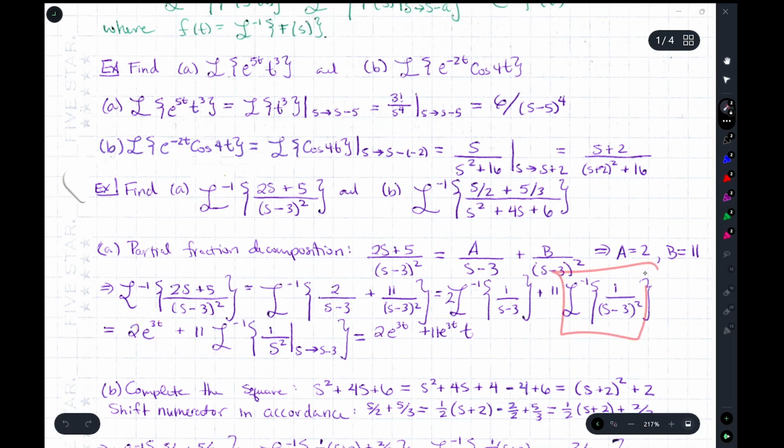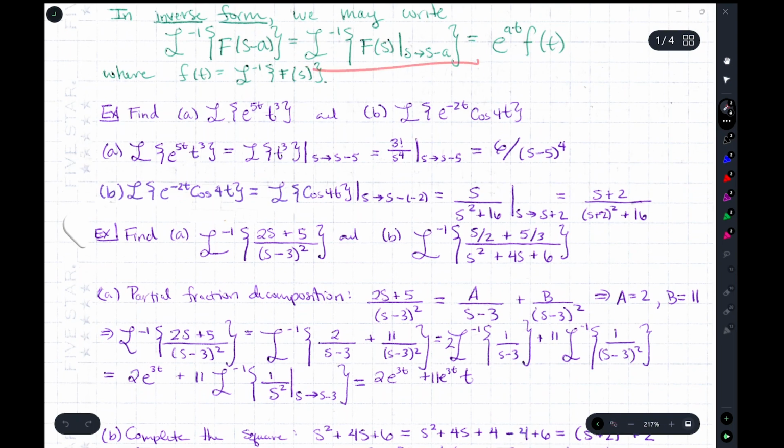But what about this? Okay, what about this? Well, this is s space, and we're translated 3 units to the right, okay, s minus 3. And so what we'll do is say that this is just 1 over s squared, which we know the inverse Laplace transform of, where s should be substituted to s minus 3.